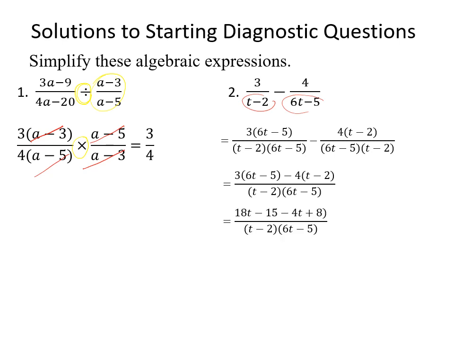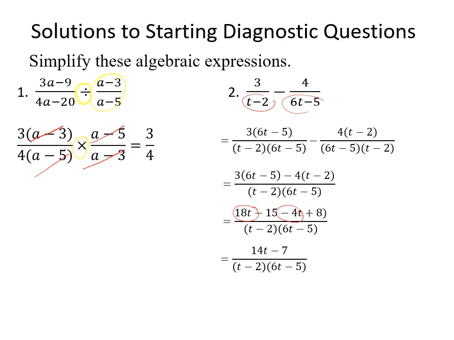Expand. 3 times 6t is 18t. 3 times minus 5 is minus 15. Negative 4 times t is negative 4t. Negative 4 times negative 2 is 8. And collecting like terms, I can see 18t and minus 4t. That should give you 14t. Minus 15 plus 8 will be negative 7.